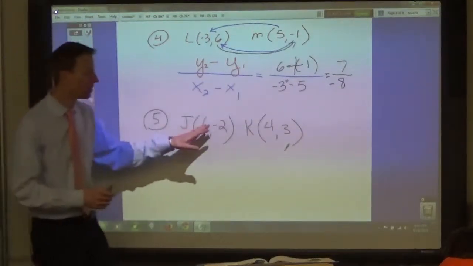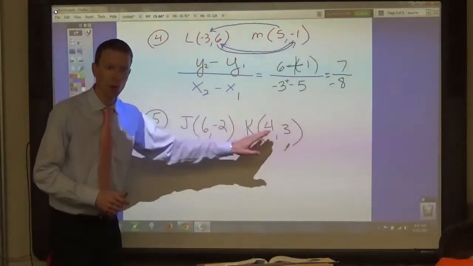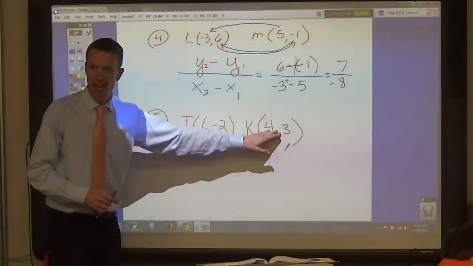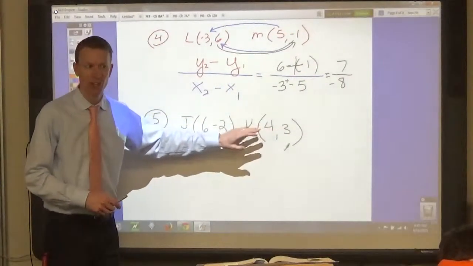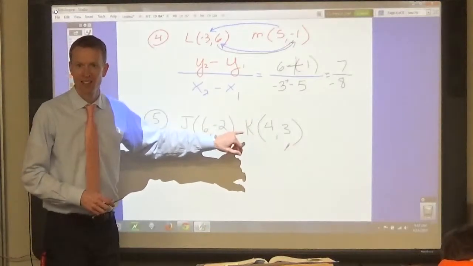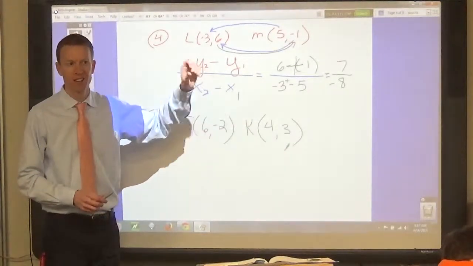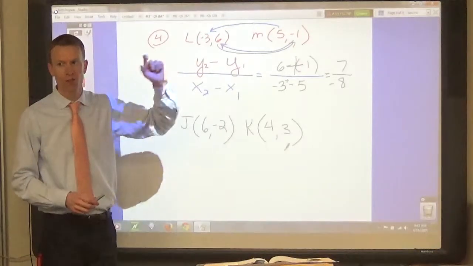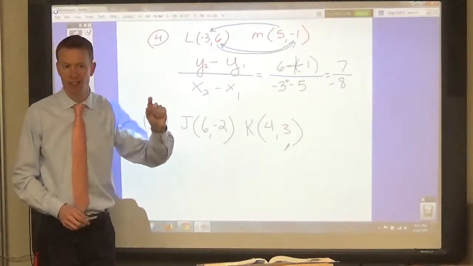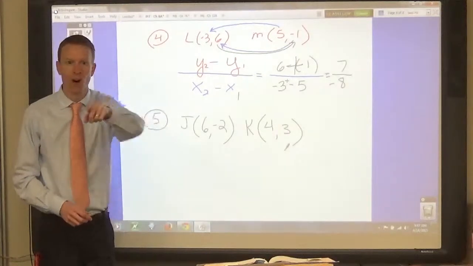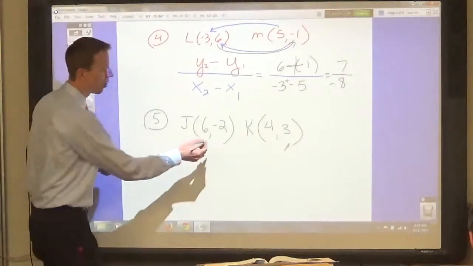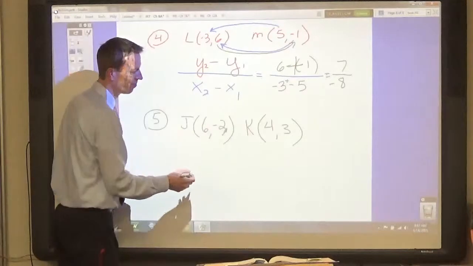Now, what's important is to subtract them in the same order, and what else? We have to find x over y or y over x. Y over x, yes. So start with the y coordinates.